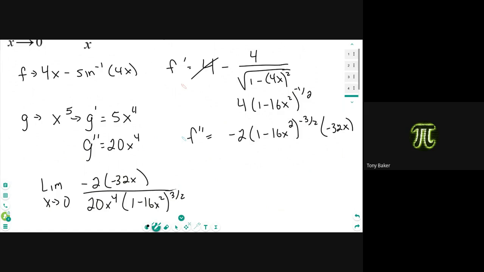I'm not even worrying about that one. Oh, actually, it's a plus because that's a negative. So it's -4 times -1/2, which is +2, times the middle to the -3/2. And the derivative of the inside is -32x.